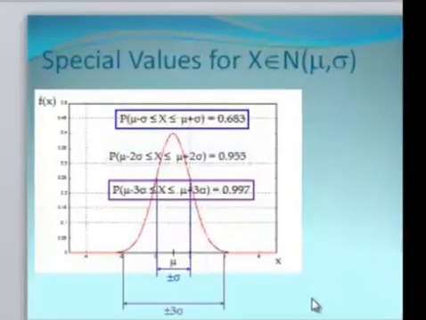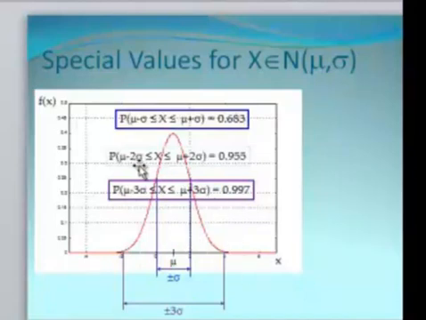Okay, one thing I want to talk about right now is the special values for the normal distribution. If we're 1 standard deviation from the mean, see how it says plus or minus 1 sigma, that's 1 standard deviation, then this area right here is going to be 0.683, so 68% of the total value under the curve.